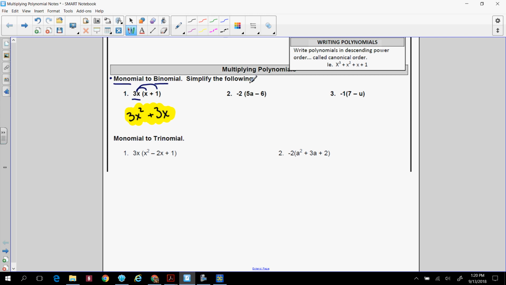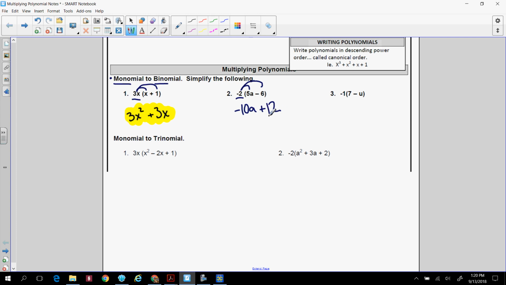So another time, once again, one term being multiplied to two terms, so monomial to binomial. Negative 2 times 5a should be negative 10a. So once again, there's two terms, so negative 2 times negative 6. Negative times negative should give us a positive 12.